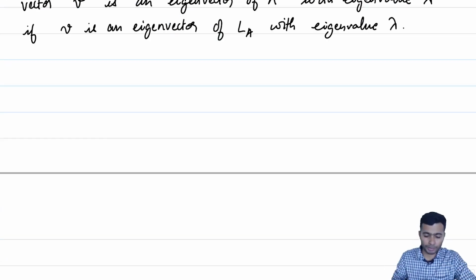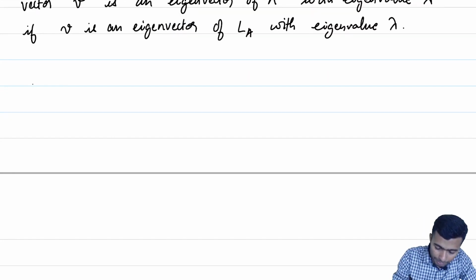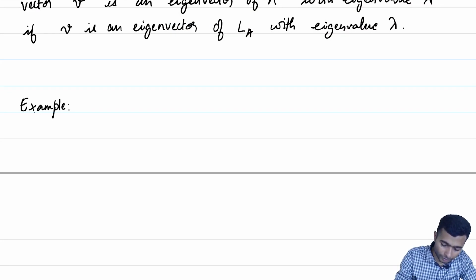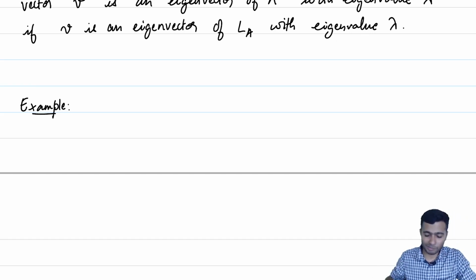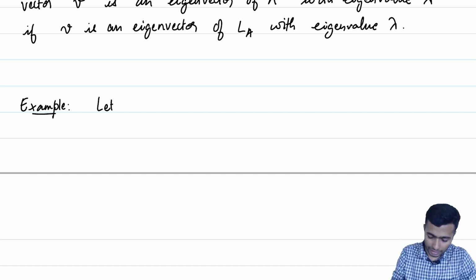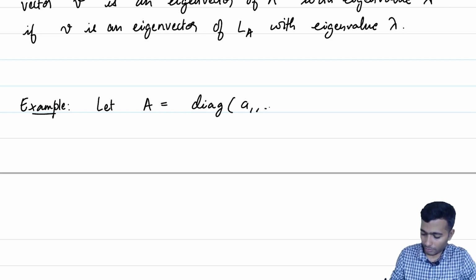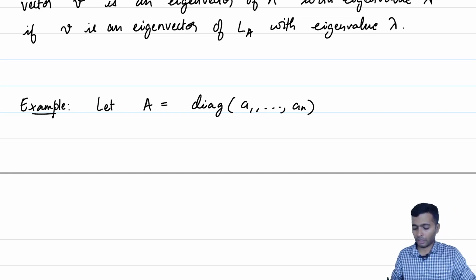Oh yes, I should probably introduce one more example, which is something which you have already seen. Let us consider a matrix. At a good place, we will be looking at this example. So, let A be a diagonal matrix, say with entries a_1 to a_n.